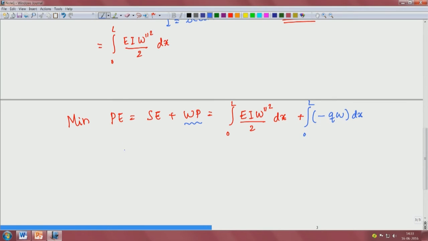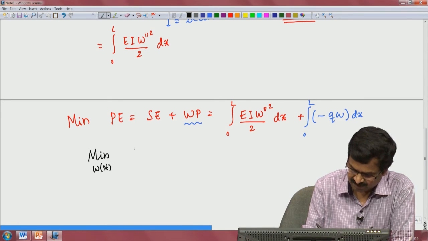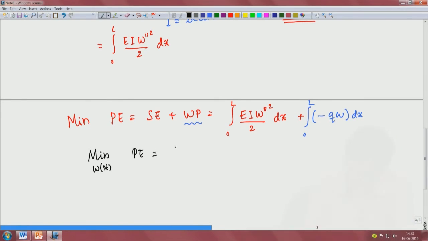So, together we can write it as one functional. We have the problem of minimization with respect to W of x of potential energy, which we can write as integral 0 to L of E I W double prime square by 2 minus Q W dx.